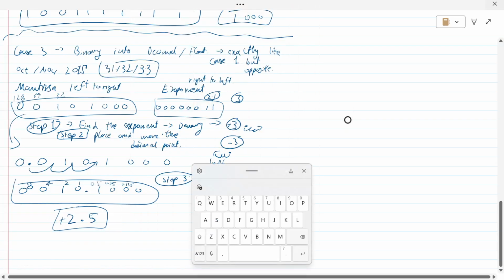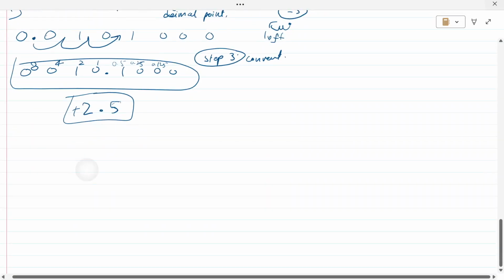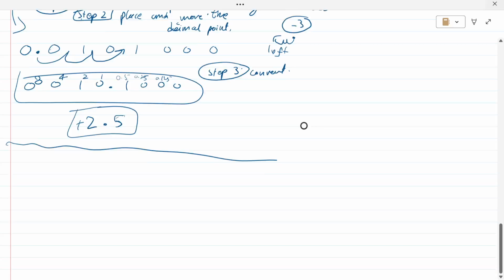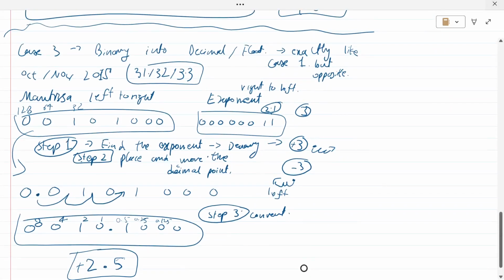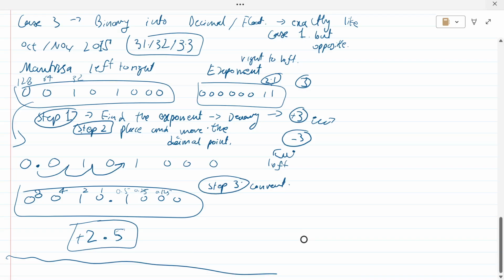Oh, sorry. That was it for today's lecture, right? And we're going to do the next case for this. Before I end the lecture, I think it would be better if I was to just go through the entire process once again. In the third case, the mantissa and the exponent are given to you, and you just have to find the decimal from that. So the first thing you do is find the exponent from the binary of the exponent, right?